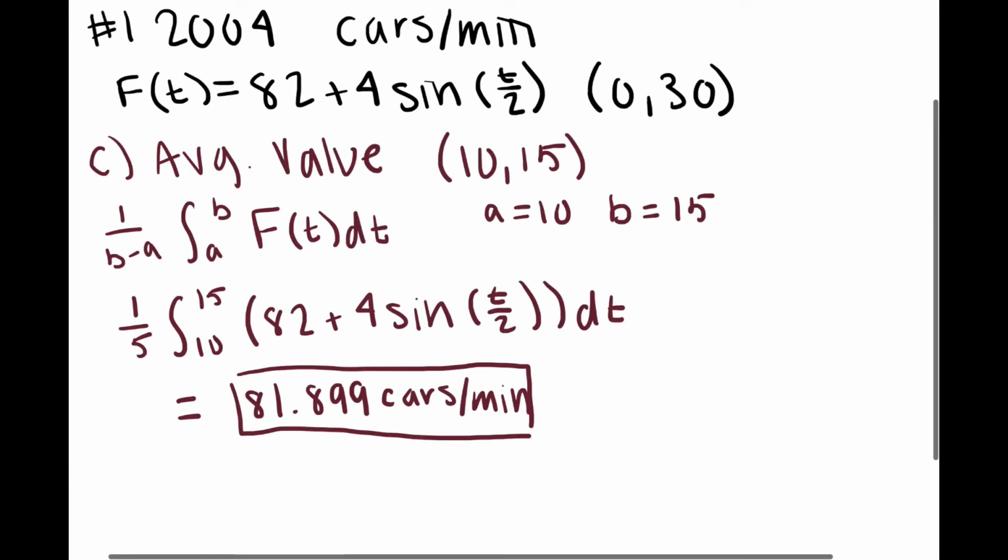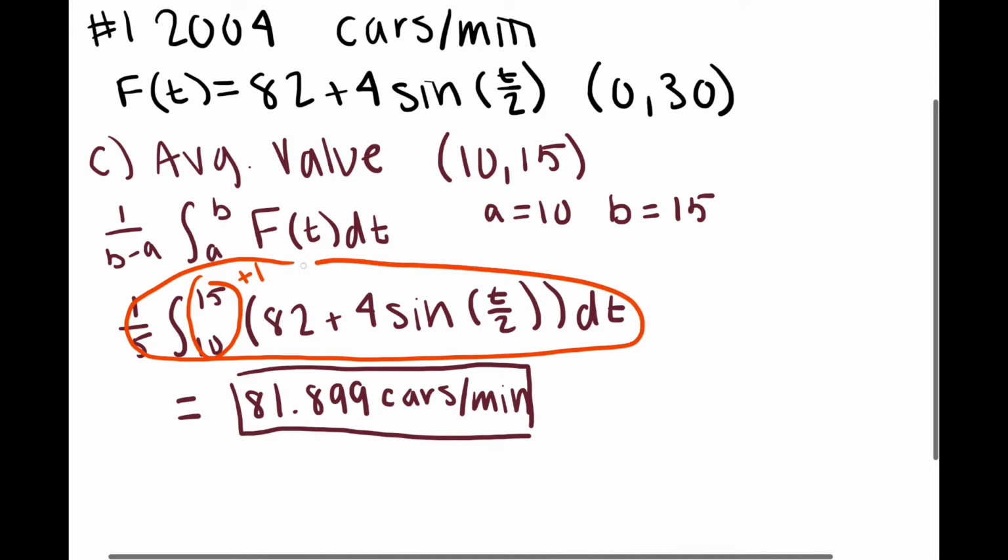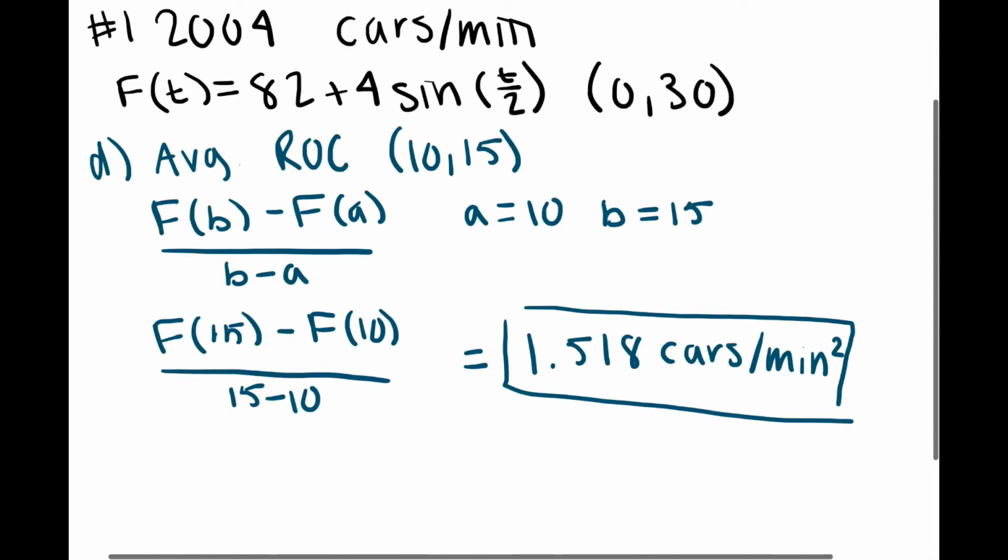And then in part C, you will get 1 point for the correct limits, 1 point for the correct integral, and 1 point for the correct answer. And in part D, you will get just 1 point for the correct answer.